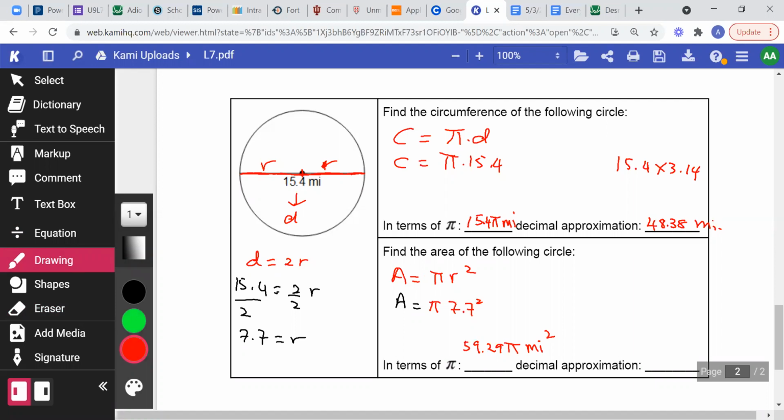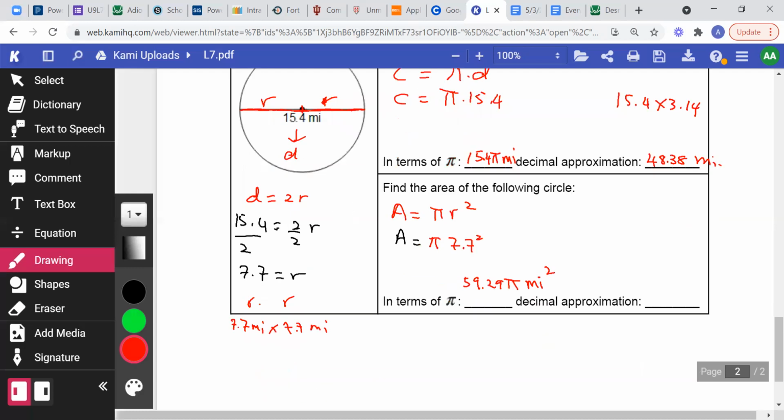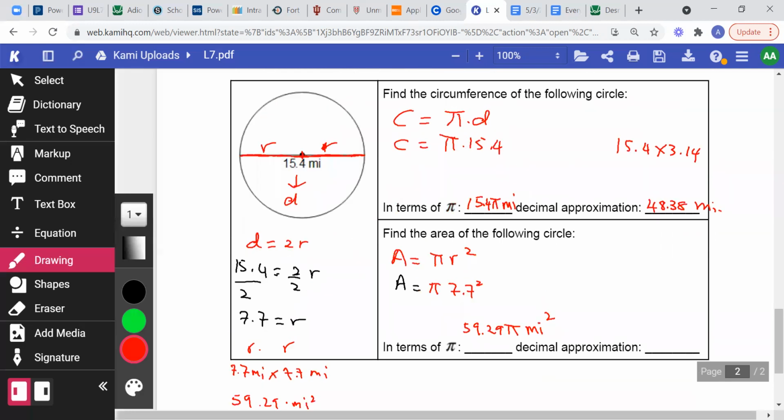Because here we have radius times radius, and the first radius is 7.7 miles times the second radius, which is 7.7 miles. So 7.7 times 7.7 gives us 59.29, and then miles times miles is what? Miles squared.